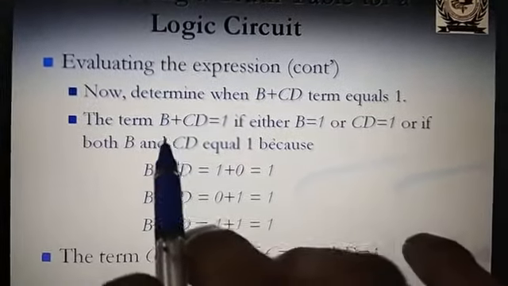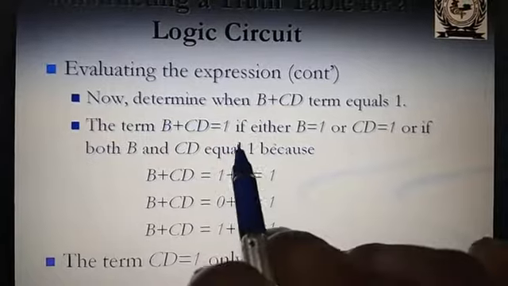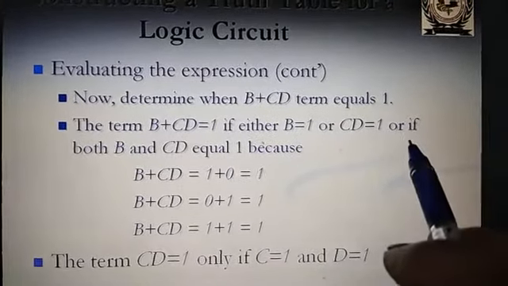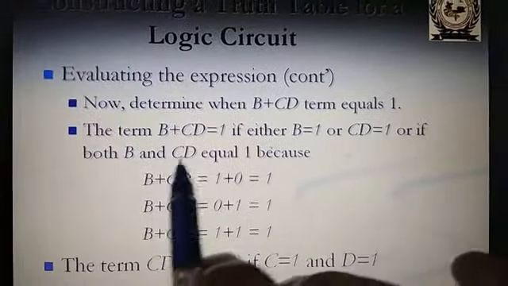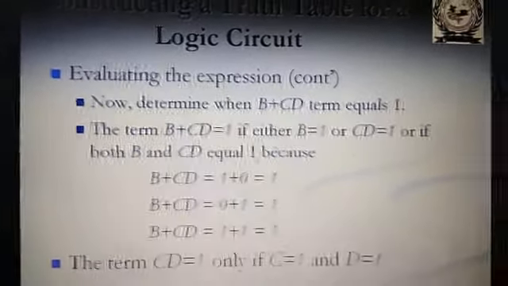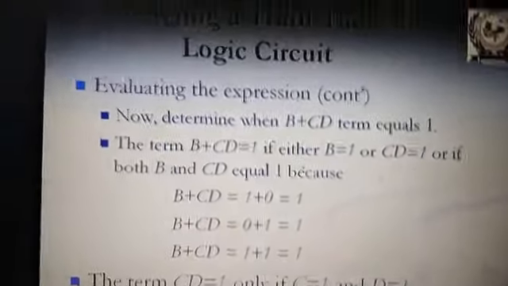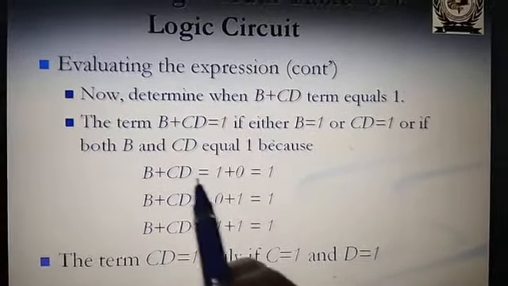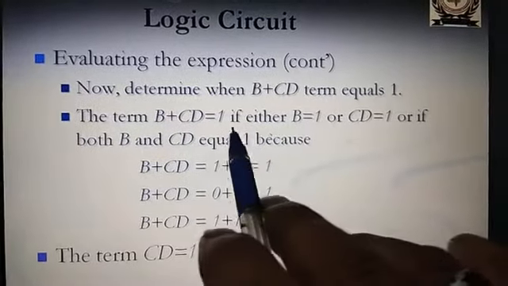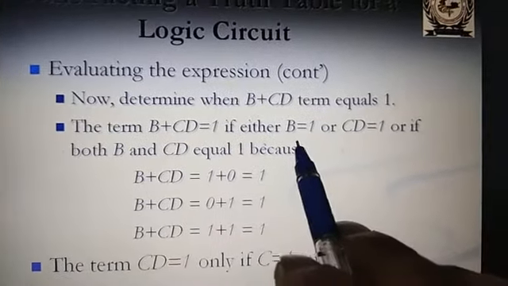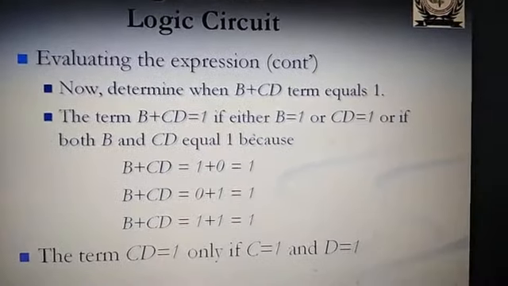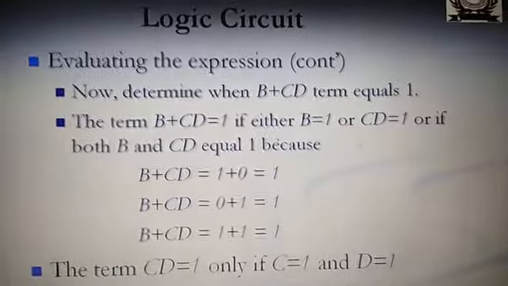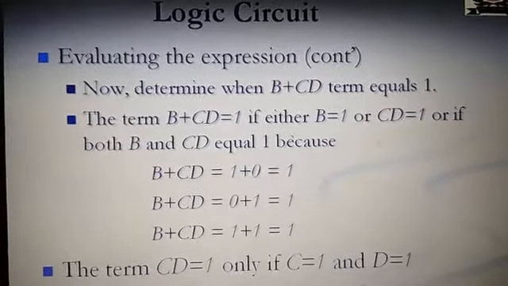The term B plus CD is equal to 1 if either B is equal to 1 or CD is equal to 1, or if both B and CD equal 1, because this is ORing. Plus means ORing. So according to the rule of the OR, the result is 1 if both of them are equal to 1, or one of them is equal to 1.